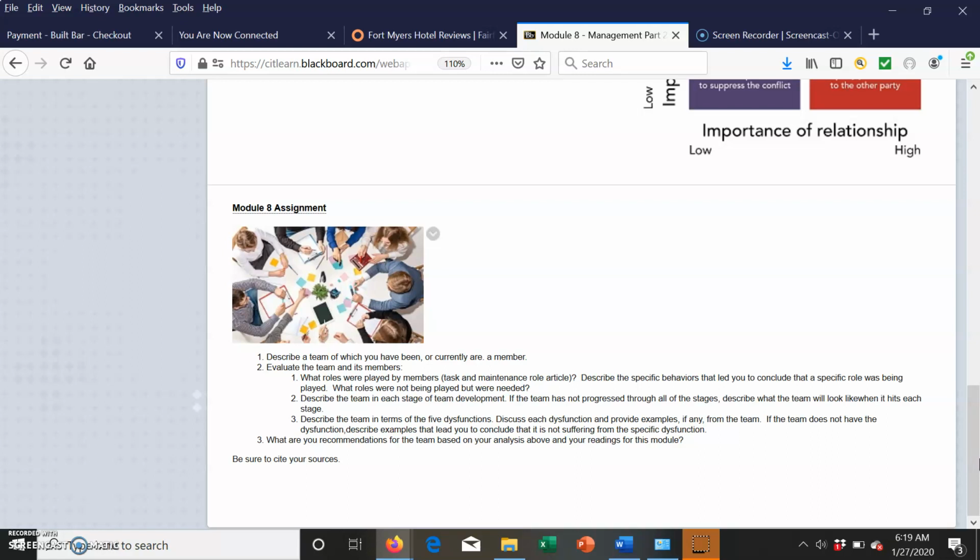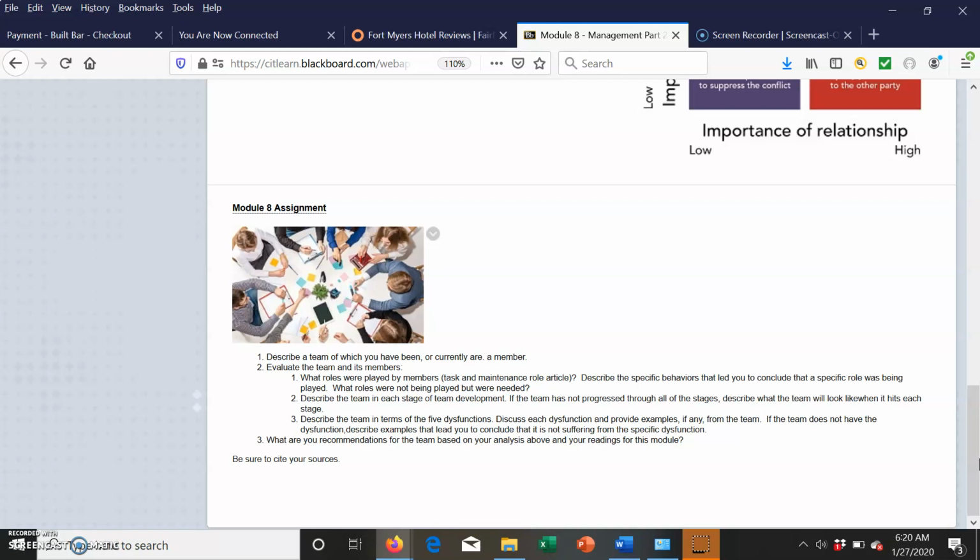Go back to that reading on the roles and try to identify what roles were being played by the different members. What are the specific behaviors that people exhibited? Were there any roles that were not being played but were needed? Sometimes there's too much maintenance and focus on getting along in the team and not enough on getting the task done. Sometimes there's too much focus on the task and people don't really get to know each other as individuals.